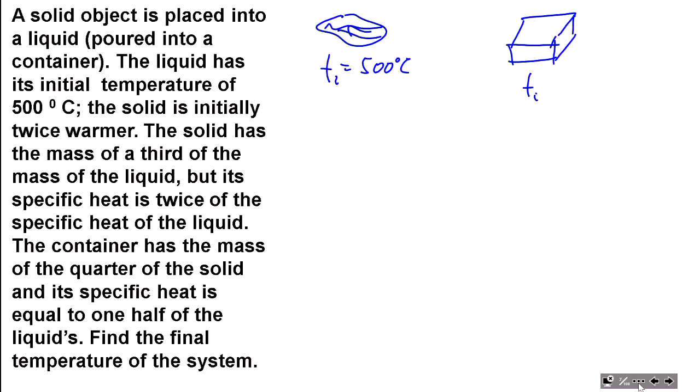So initial temperature of the solid is going to be 1000 degrees Celsius. And they have masses, because everything does. The solid object has mass of 1/3 of the mass of the liquid. They have specific heat each.